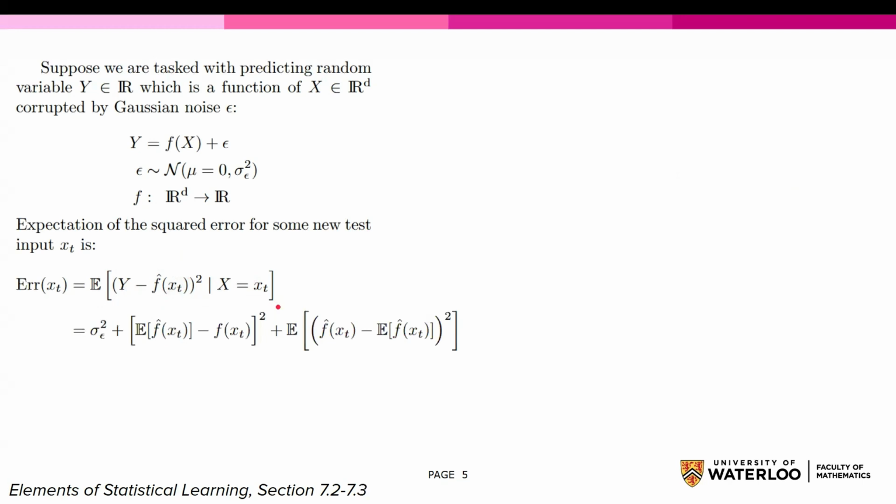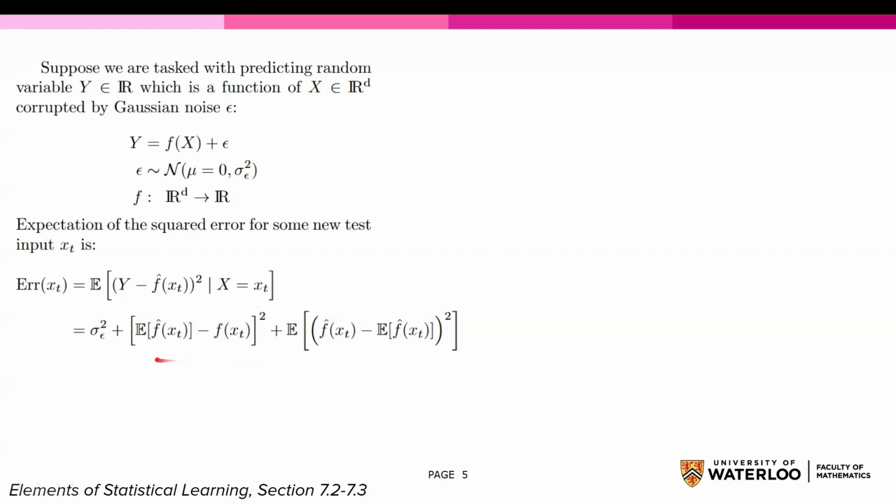But it turns out that this error can actually be decomposed into 3 terms. In essence, we can think about the total test error as the sum of 3 kinds of error, and that's in this line here. The first term is simply the variance of the noise. This is the randomness beyond the scope of the function we're trying to approximate, and no model can get rid of it.